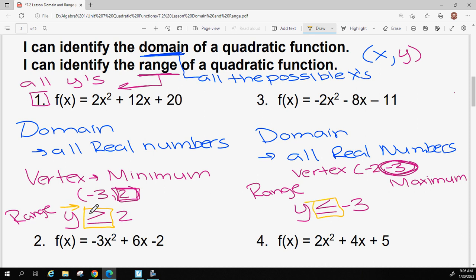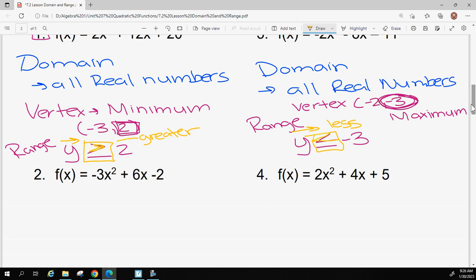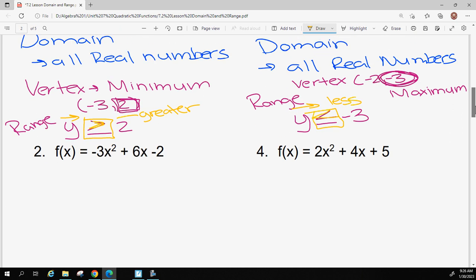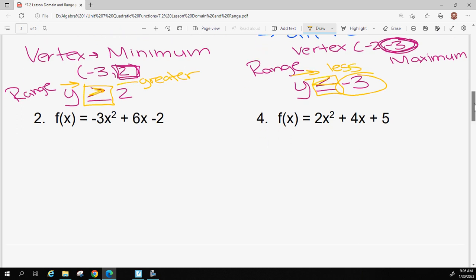And so if we see the open part first, that's greater than. If we're reading from left to right and we see the pointy part first, that's less than. And then the little bar underneath means or equal to, because we do have a point here where y is equal to -3. It's at the vertex.